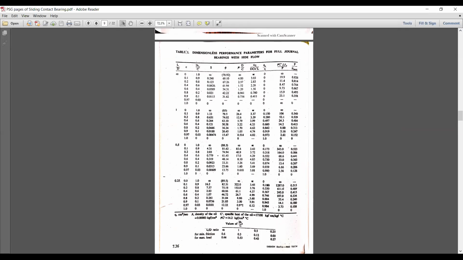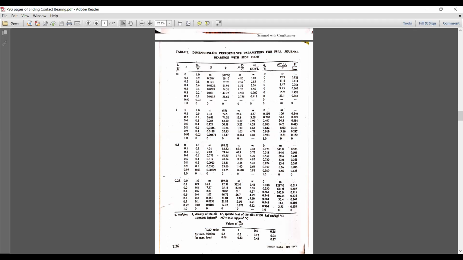Here in this area, they have provided the L by D ratio. Then this column is for the dimensionless parameters. For each parameter, they have provided proper values based on the L by D ratio.